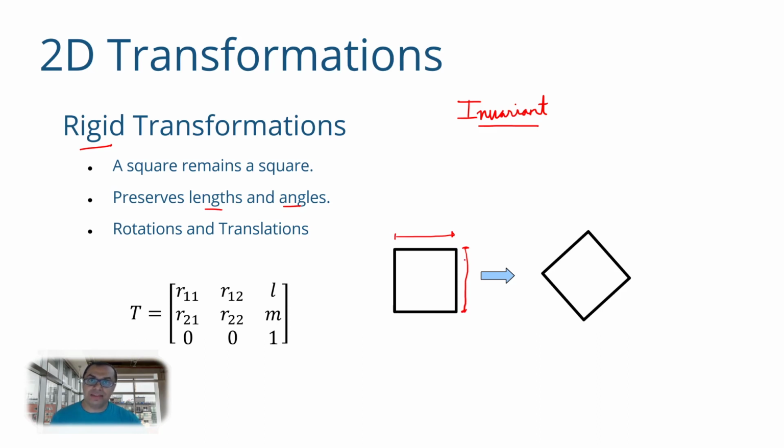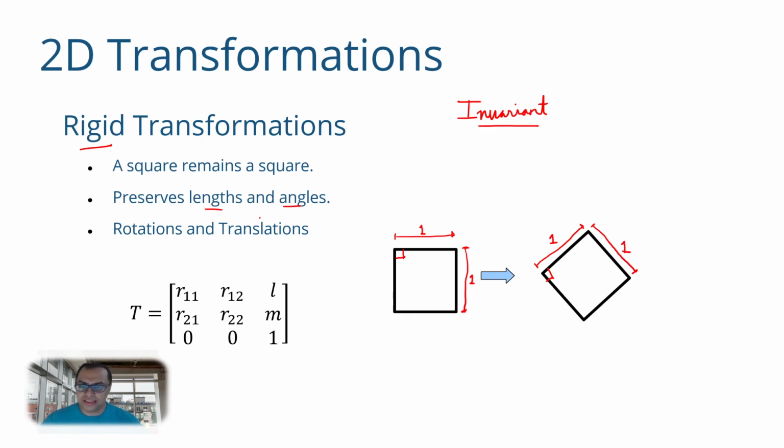The sides will stay of unit length, and the angles, which are right angles, will stay 90 degrees.